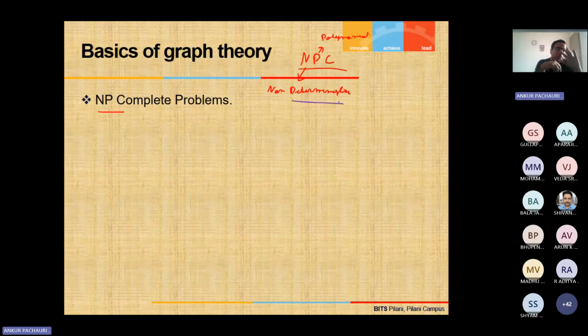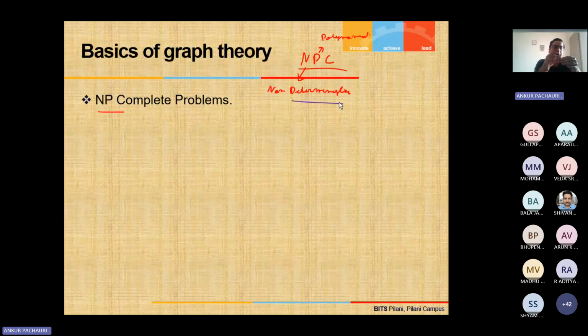Fine. Now what are non-deterministic problems? Non-deterministic problems are problems in which you have some fixed set of steps, but either some decisions have to be made randomly, or some probabilistic decisions need to be made, meaning some decision has to be made based on probability. Those sets of algorithms are called non-deterministic algorithms.